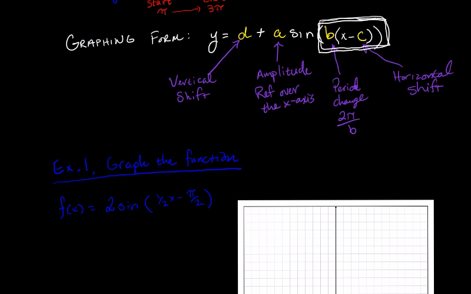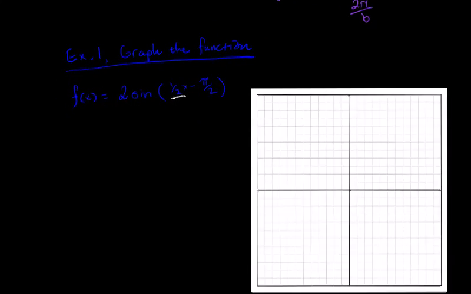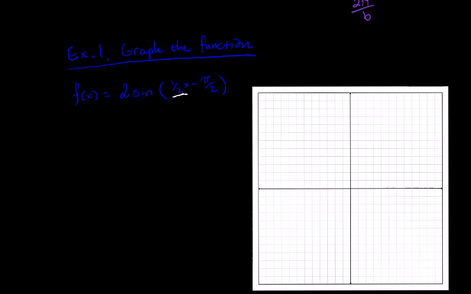And so in this first example, notice that there's a 1/2 in front of the x. Well, we need to actually factor out the 1/2 before I can see the horizontal shift. So saying for this first example, the horizontal shift or the phase shift is not right pi halves.